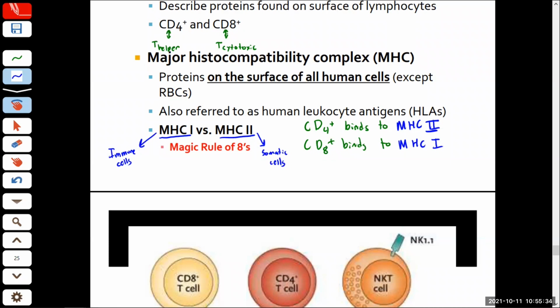So your T helper cells need to communicate with who? Your immune cells. So CD4, therefore, has to bind to... Oh, I switched that. Sorry, I swapped them. MHC2 is on the immune cells. MHC1 is your somatic cells. My bad.